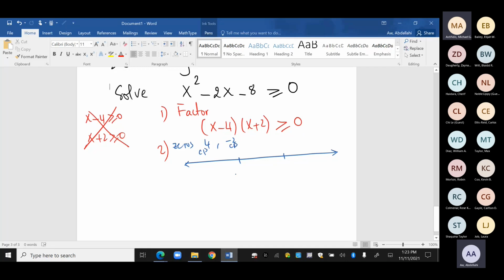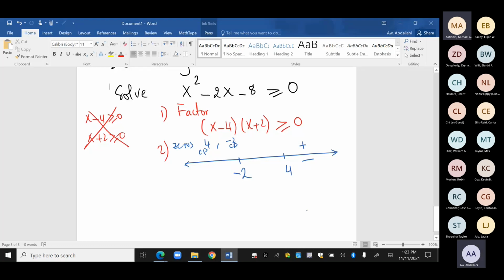So it is -2 here and +4 here. And we're going to test. I want to know if my graph will be above or below. How do I know? Remember the test point? So what number can I test to the right of 4?